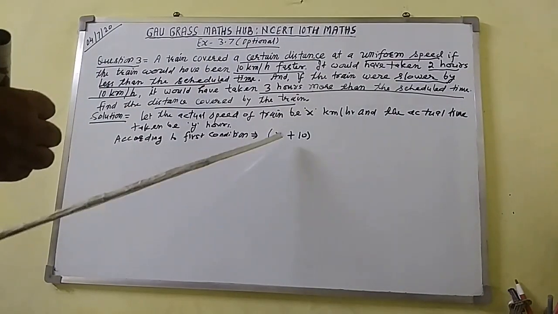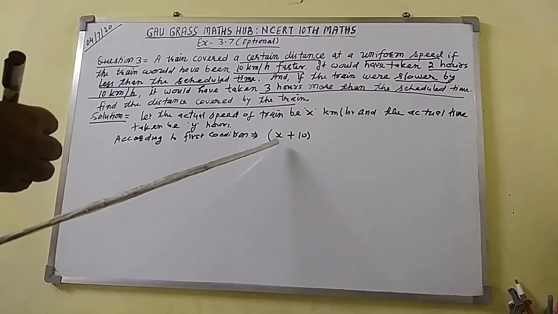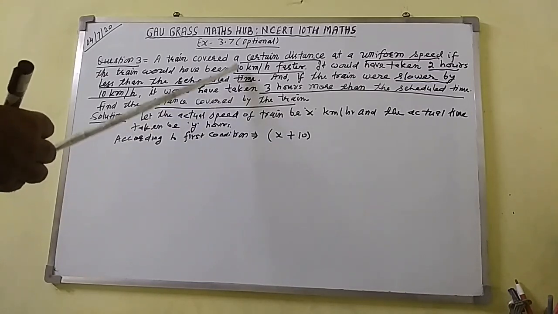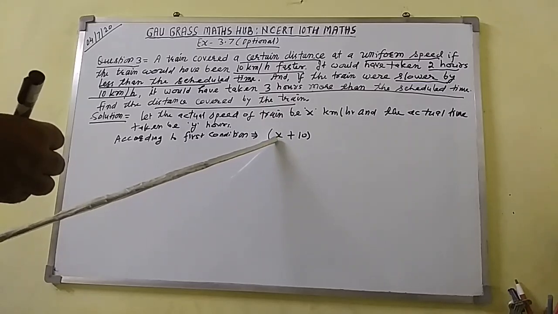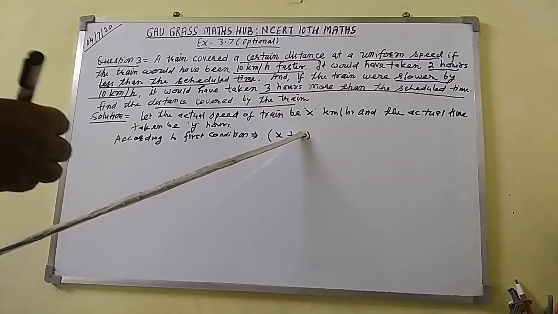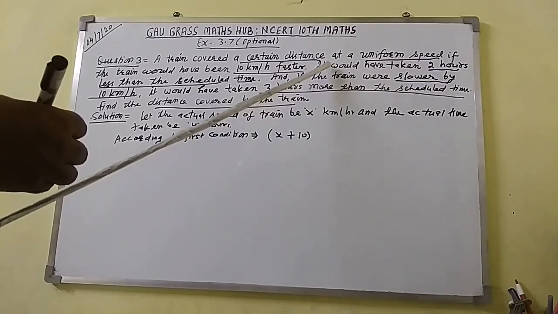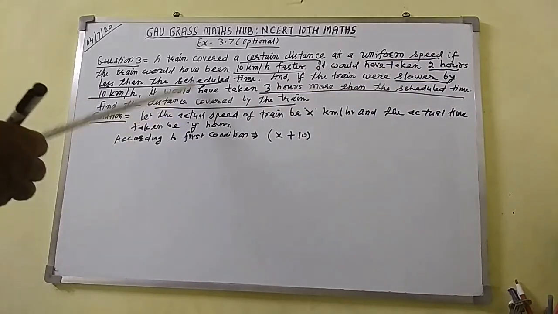Here, the speed of the train has been increased. Earlier, the speed of the train was x km per hour. Now, here it says 10 km faster. Now, the speed of the train has been increased to x plus 10 km per hour. Then, it would have taken 2 hours less than the scheduled time.